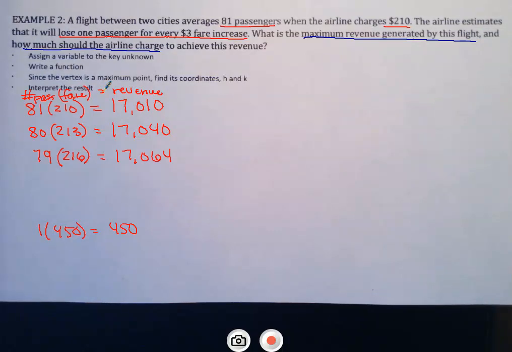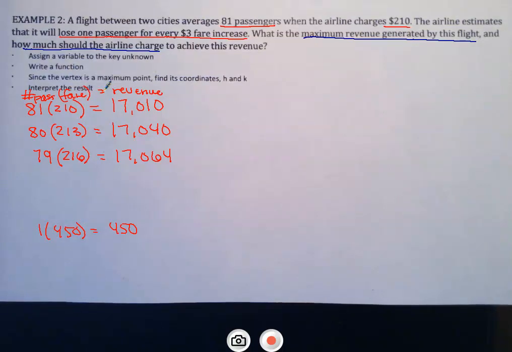Okay, good. Where does the fare come from? They want to change the amount of fare to get to the maximum revenue. So they're going to change the fare until they can get to their maximum. So what does the fare hinge on? The passengers. So what's our ultimate? That's the number of passengers. Okay, because everything else is altered because of the number of passengers.